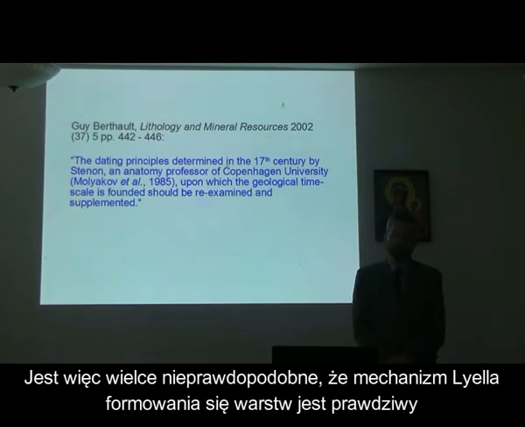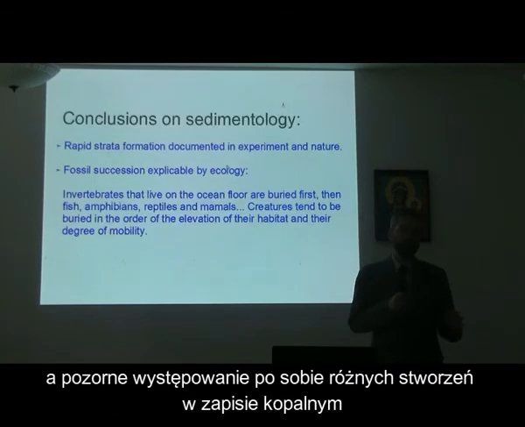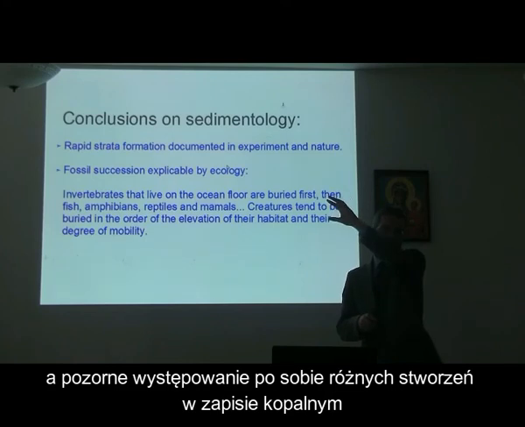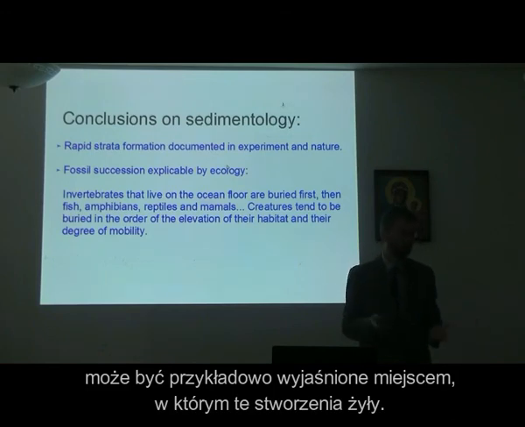So that's why it's very unlikely that Lyell's mechanism of strata formation is true. And the apparent succession of the different creatures in the fossil record may, for example, be explained by the place where these creatures were living.